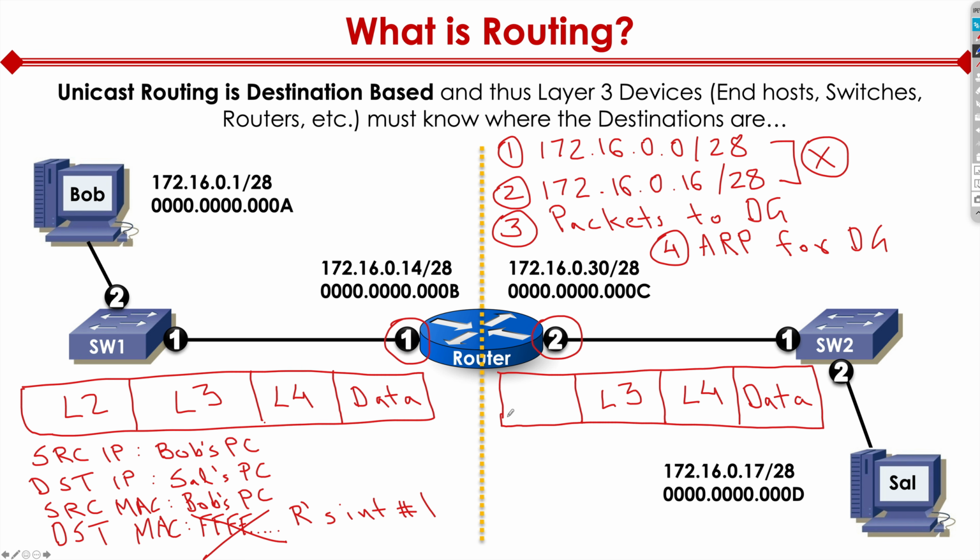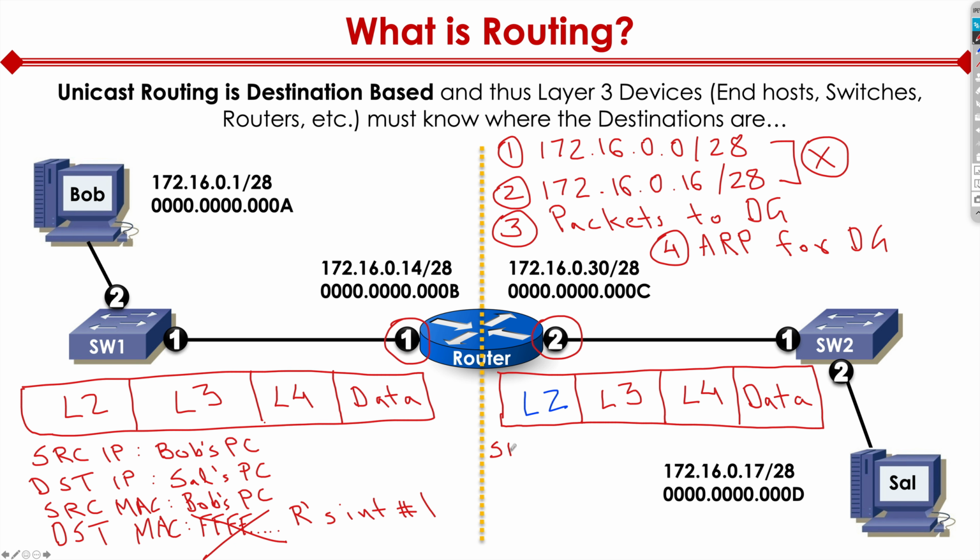The only thing that it's going to change is it's going to go ahead and rewrite layer 2 header. Because remember, we're swapping interfaces here. So because the interfaces are being swapped, it has to do what's called a layer 2 packet rewrite in order for the packet to be transported across 2 different networks and 2 different interfaces.